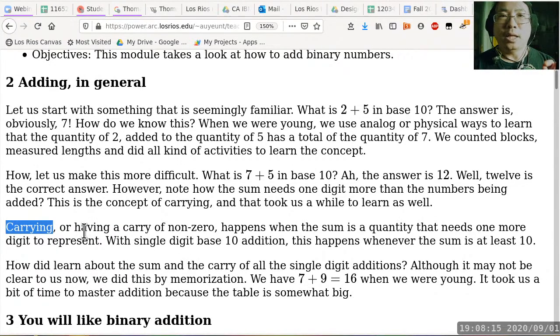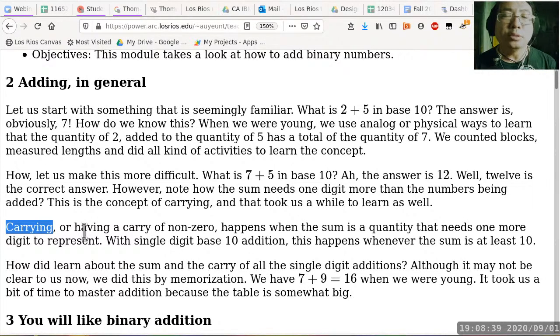That basically says the next digit, the digit to the left-hand side, now needs to incorporate this additional 1, which to me is a 10. But to the next, more significant digit to the left-hand side, it is really just a 1. So this is important.